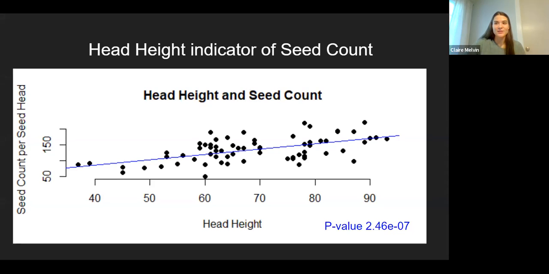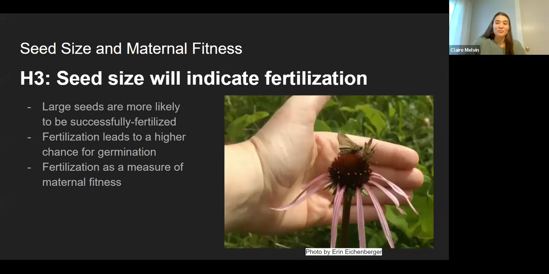And these large seeds produced by large plants can be indicative of fertilization, because large seeds are more likely to have been successfully fertilized. Larger seeds have a higher chance for germination and fertilization.